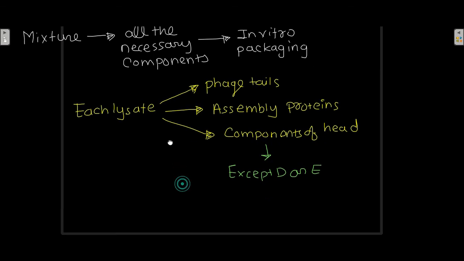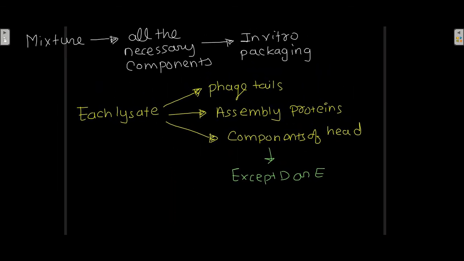As we said, one strain had a mutation at gene E and the other strain had a mutation at gene D. If gene E is mutated, the E protein will not be produced, and the protein coat will not be formed, because E is essential for that.